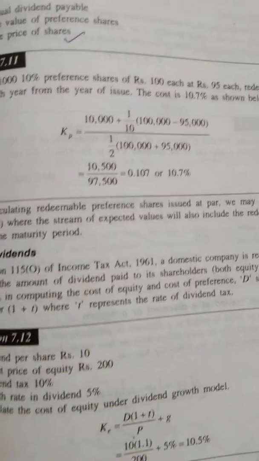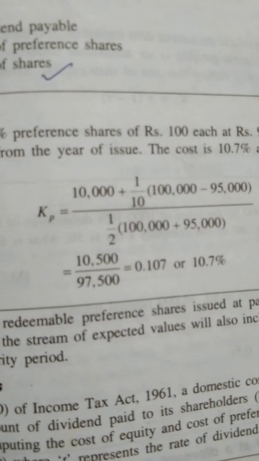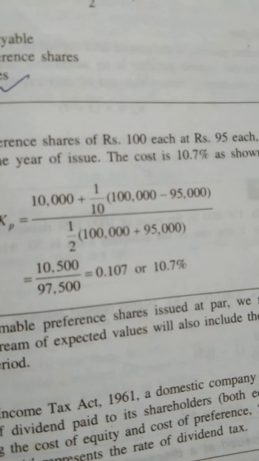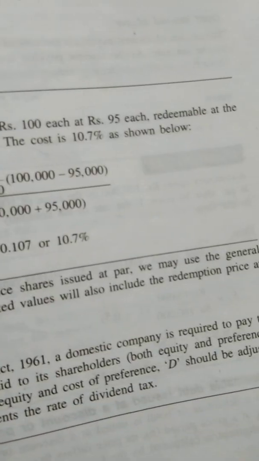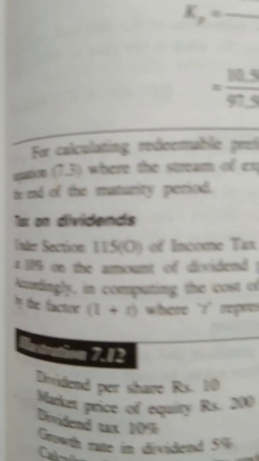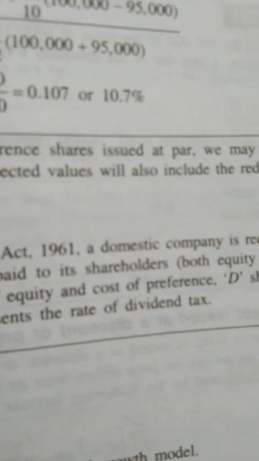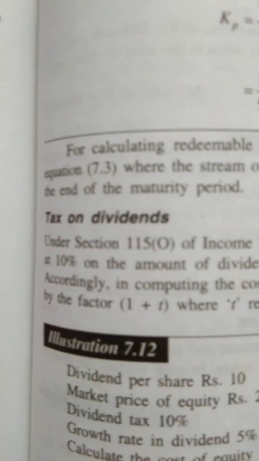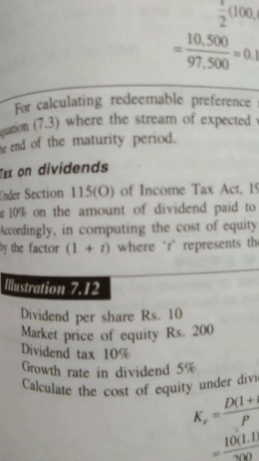But generally the preference dividend is given after tax, so no adjustments required. But in case of tax on dividend under section 115O of the Income Tax Act, a domestic company is required to pay tax at the rate of 10%. In that case you have to adjust the tax.